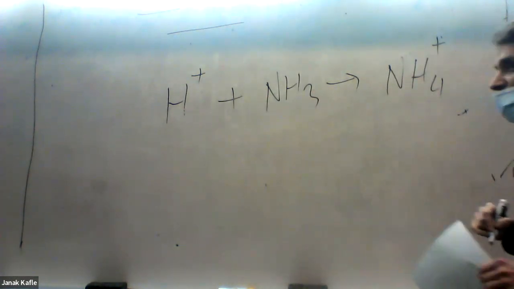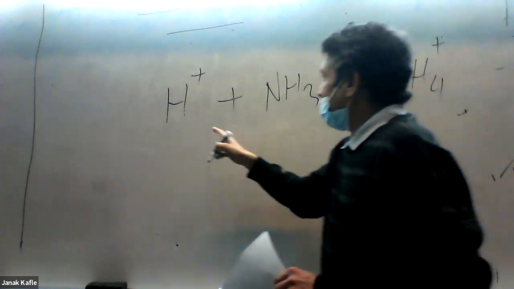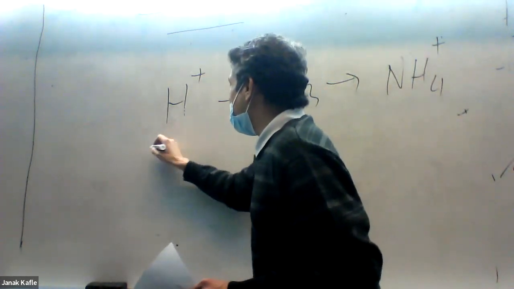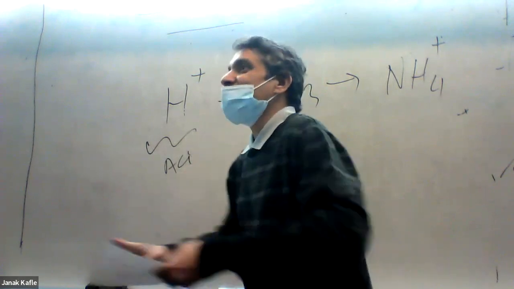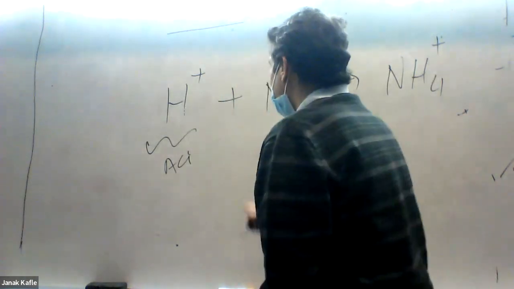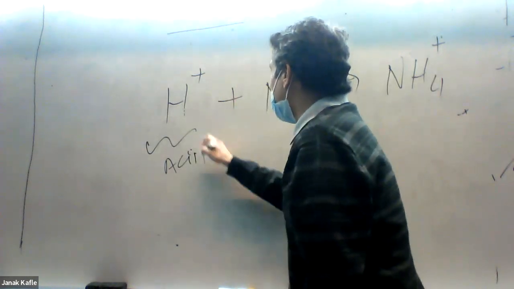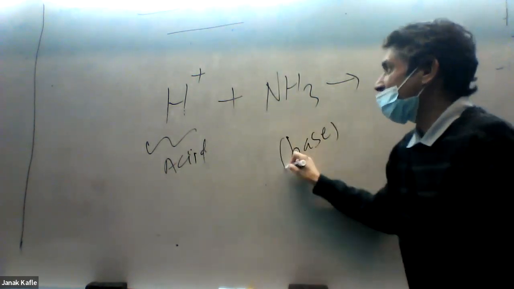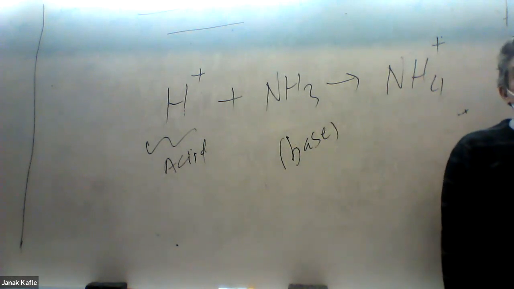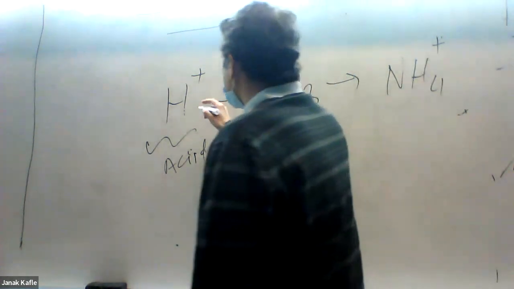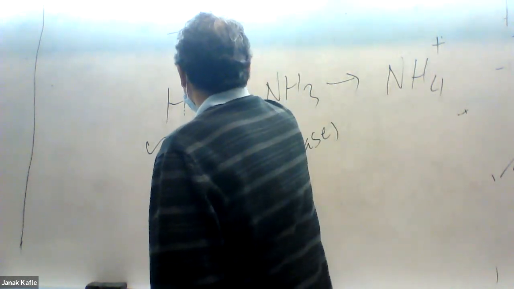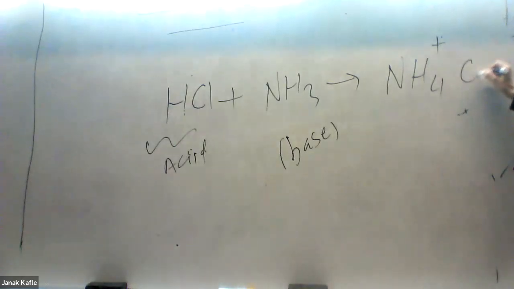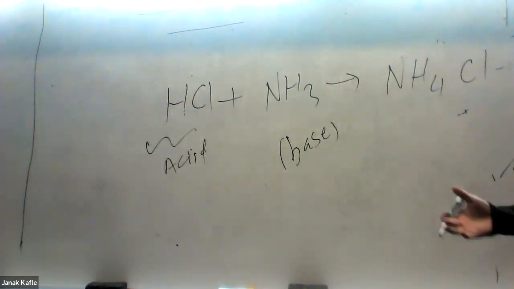So plus comes like that way. So look here, somebody gives H plus here. So this is acid. It's a give, right? And this H plus is picked by NH3 here. So this is base. Everybody got that? So instead of writing that, instead of just writing H plus, you could also write HCl. And you could write NH4Cl like that way. The same thing.